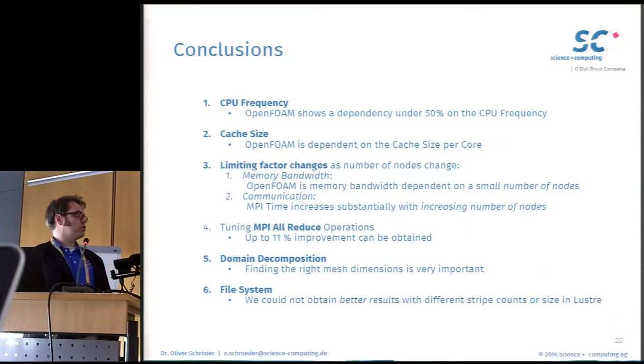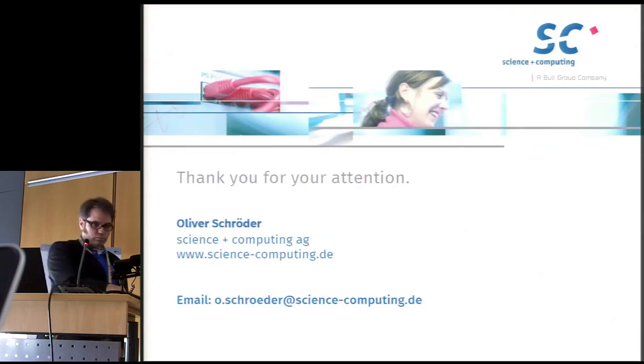Domain decomposition is also useful because there again you can mess up or gain something of the order of 10 to 20% from worst to best. And the file system doesn't really have a big impact at all on our results. So that's basically all I have to say.